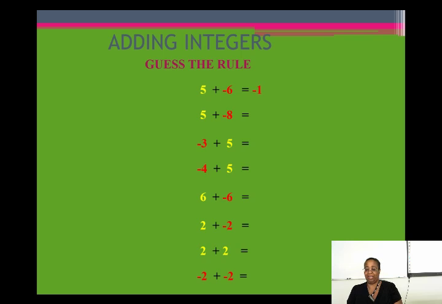Negative 1. Okay? Do these quickly. Let's get these up. Yeah, you can come up and write it. That's great. You got the answer? Come on up. Everybody's got some answers, huh? I love it.